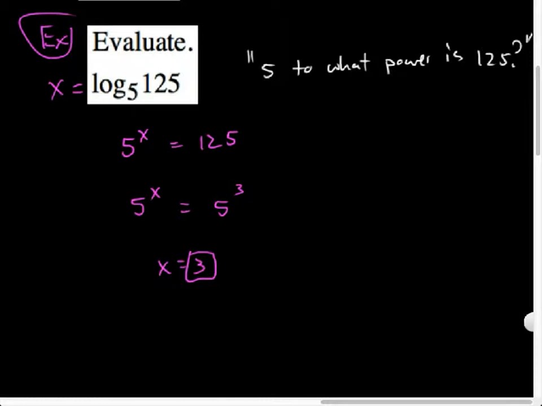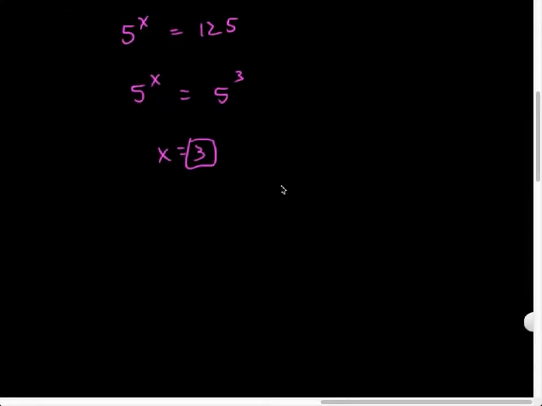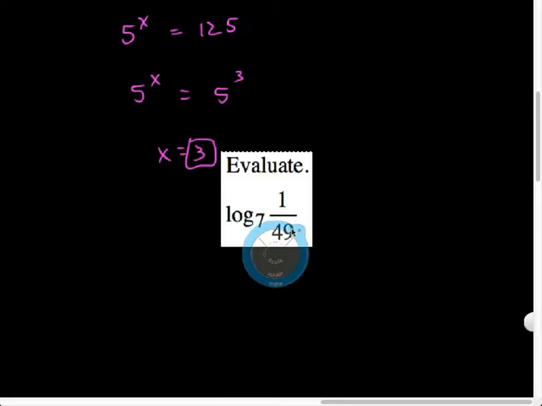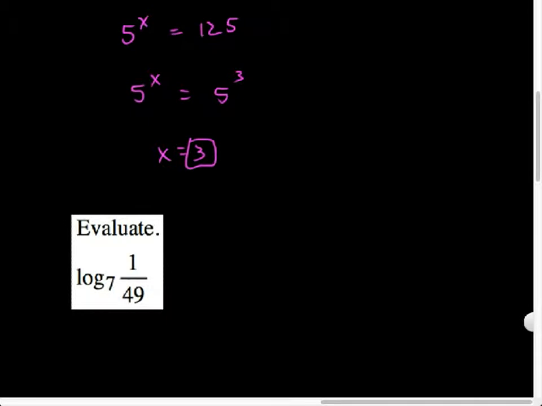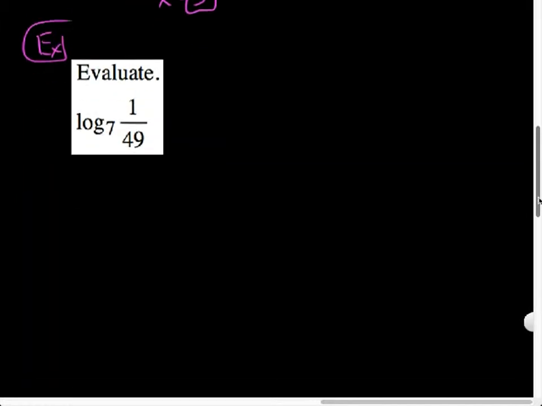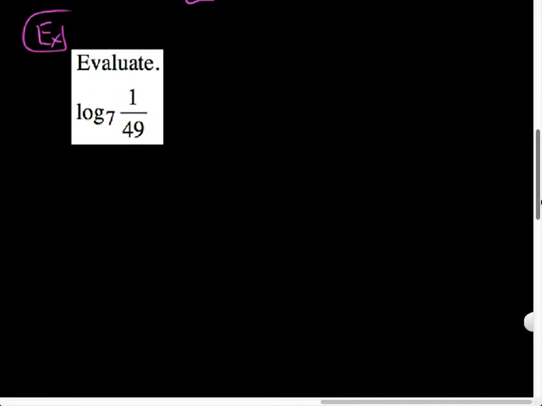But logarithms are most effective in dealing with exponents; they allow us to solve equations that have variables in exponents in situations where it doesn't happen to be obvious for us. So here's our last example that we'll evaluate.